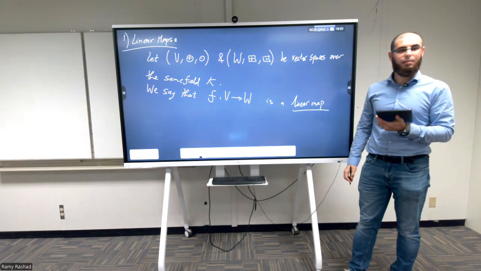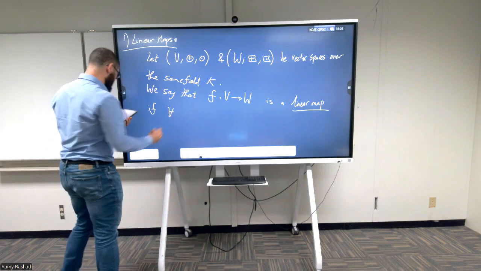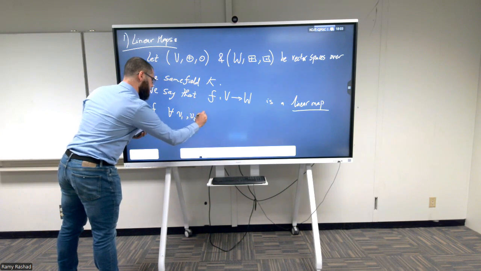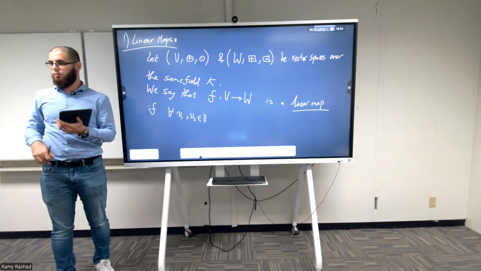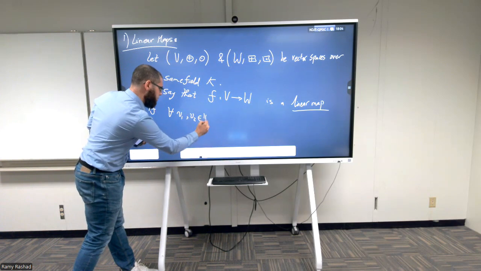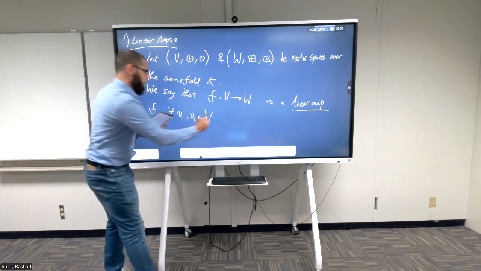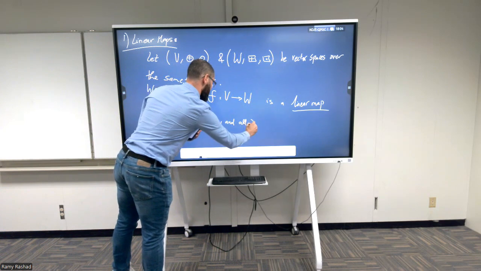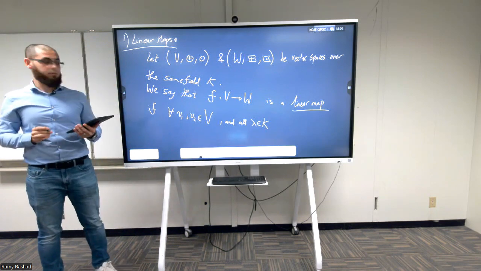This is a linear map if for all V1 and V2 in V, which means that if I take any two random elements in the vector space V, and all lambda in K, we have the following.